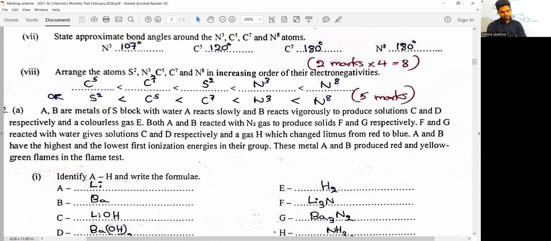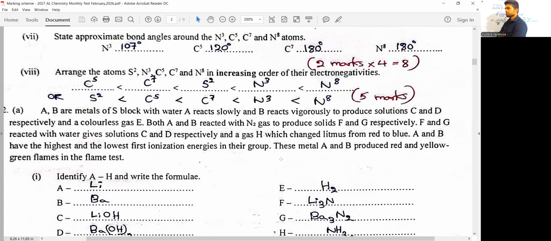Okay, and when you add them to water, they will form NH3 gas and hydroxide. And NH3 gas can turn red litmus to blue, we know that, it's fine. And then, the next point is important. A and B have the highest and lowest first ionization energies of their group. Highest first ionization energy is shown by the upper element of the group.